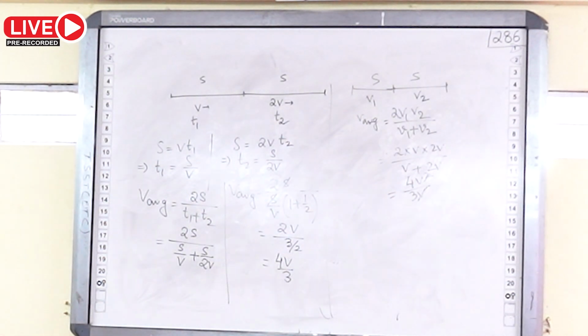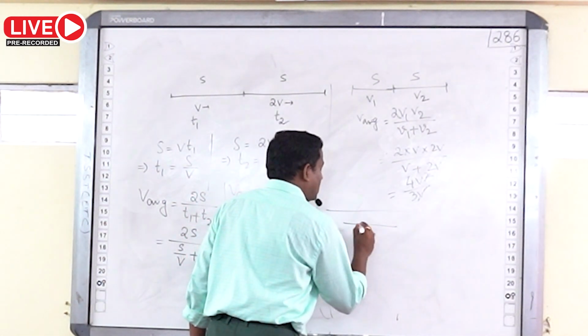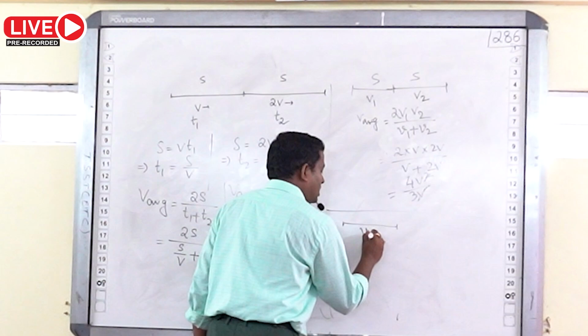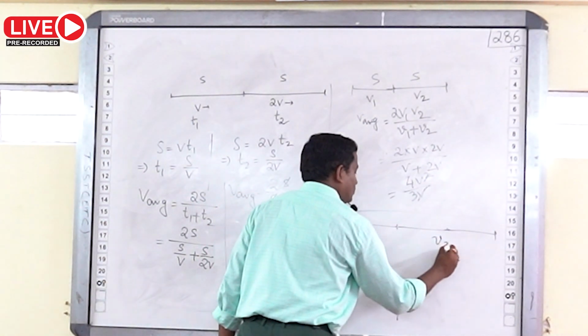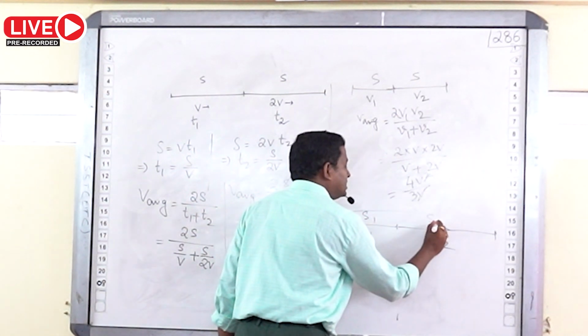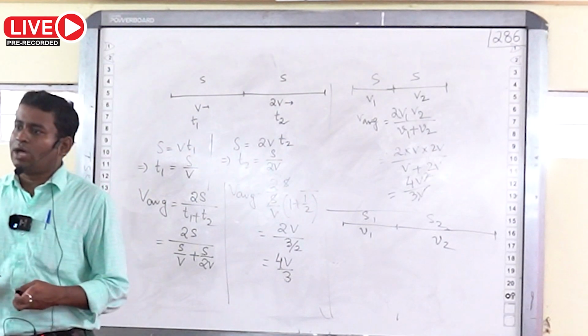What happens if time intervals are equal? Then directly average. Suppose a particle is traveling for 1 hour with a speed v1, then traveling for another 1 hour with speed v2. Then obviously distances are different. Times are equal, speeds are unequal.